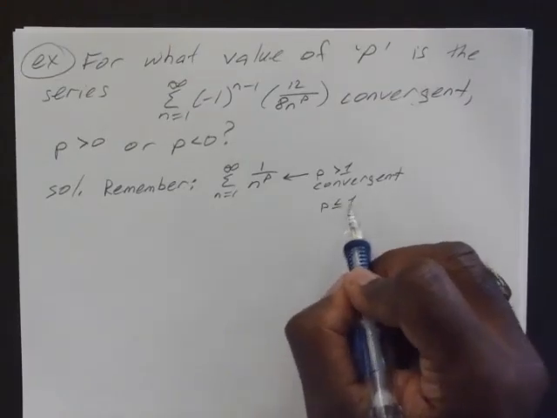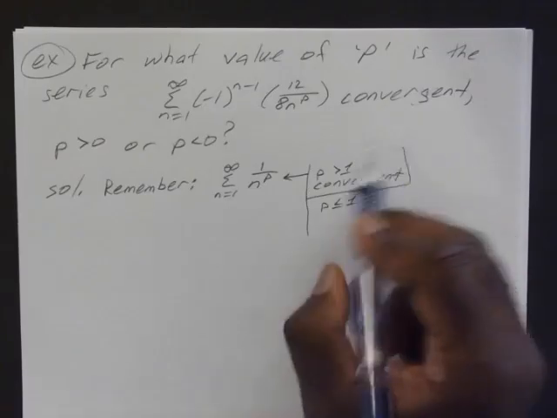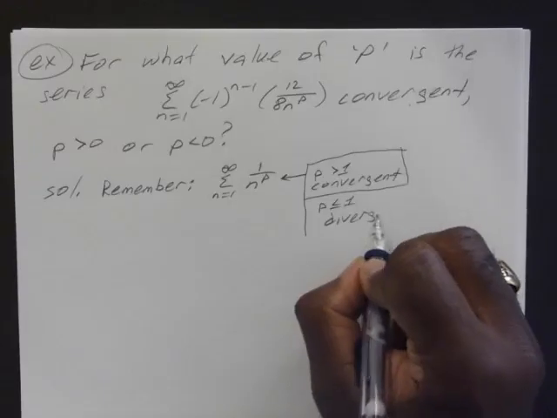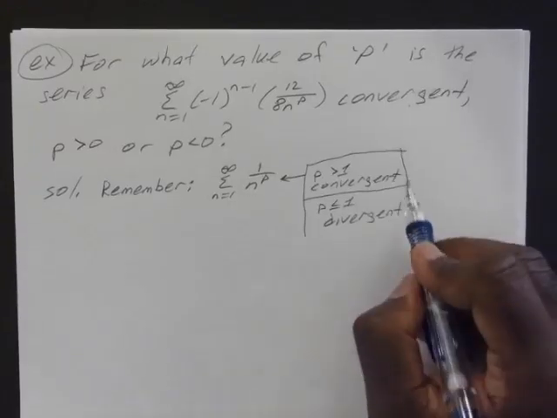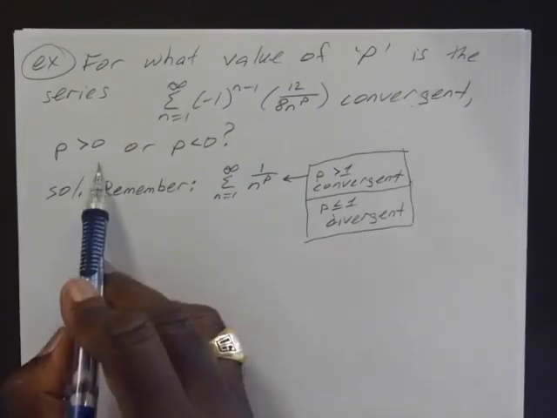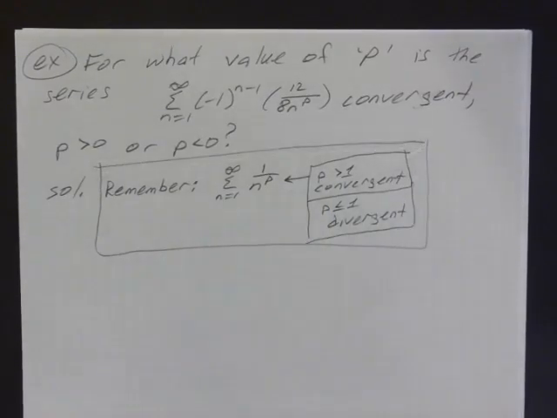If P is less than or equal to 1, divergent. And I'll separate those just to avoid any confusion, with a separator across that whole thing.